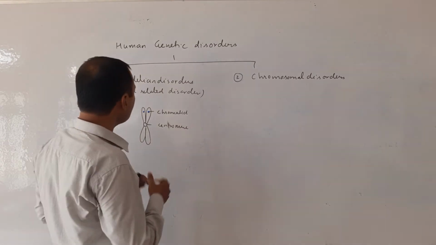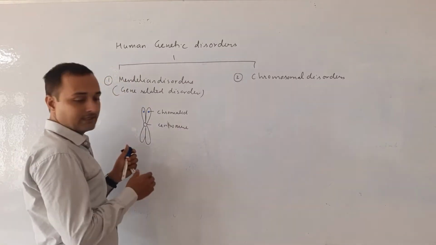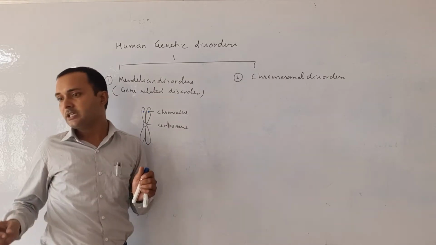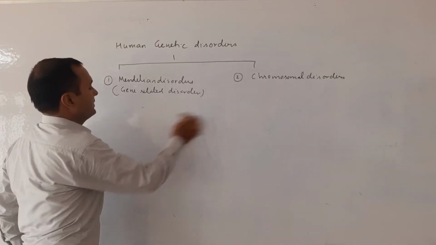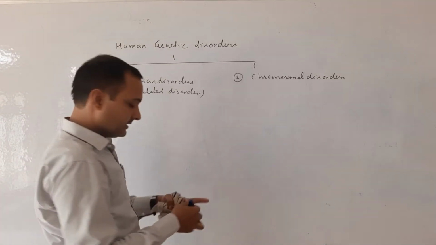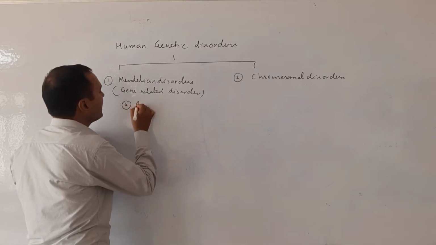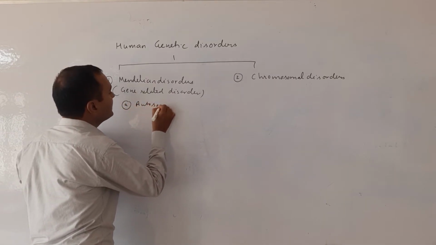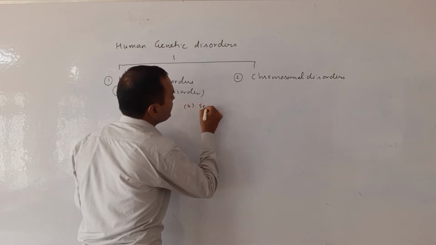These disorders are divided into two types on the basis of traits. First one is autosomal disorder, and second one is X-linked or sex-linked disorders.